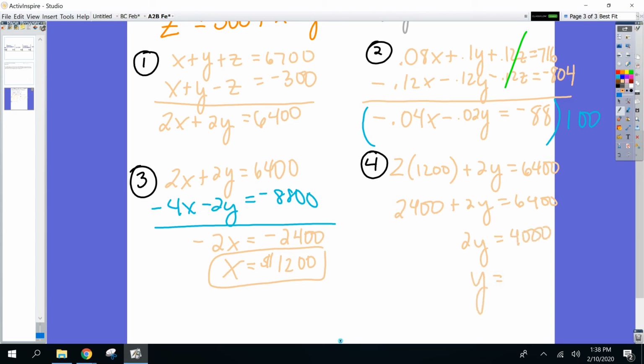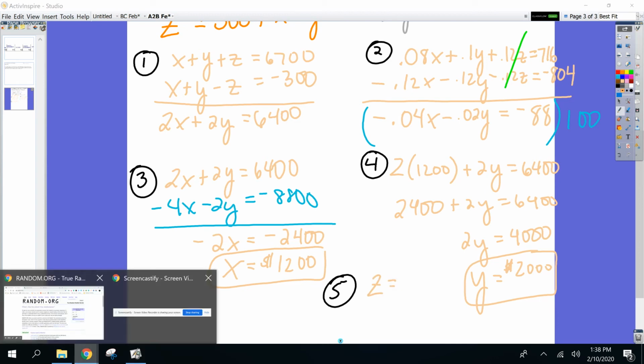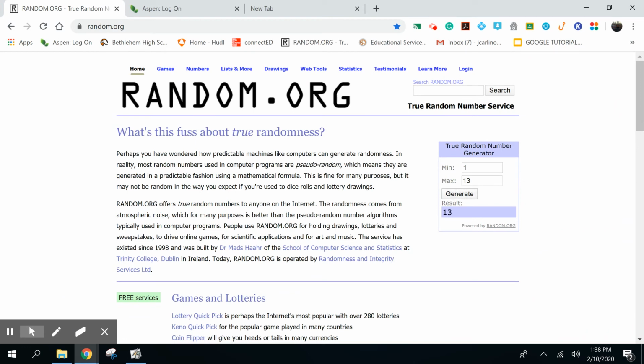Okay, at 10%, what are you finding out? 2 grand? And then where am I getting the z from? Any one of the first 3 equations. And when you have the amount of money invested at 12%, let me know.